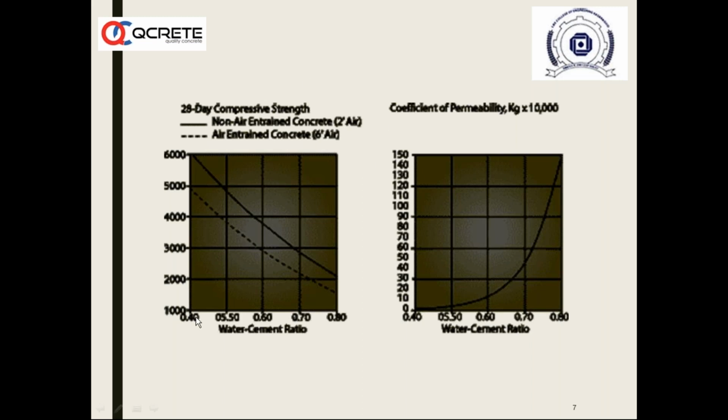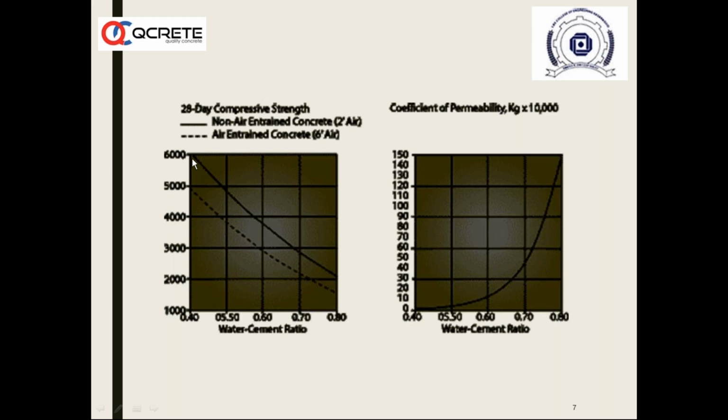On the other hand, when you move the water cement ratio to the right hand edge of this graph, the water cement ratio goes to 0.8 and the strength is 2000 psi, that is 14 MPa.